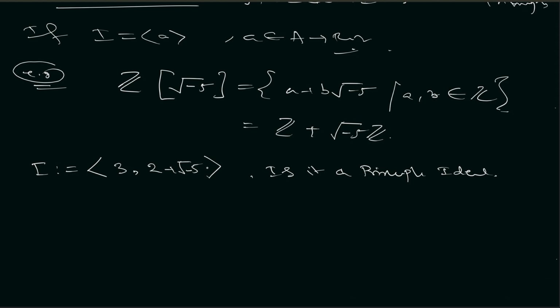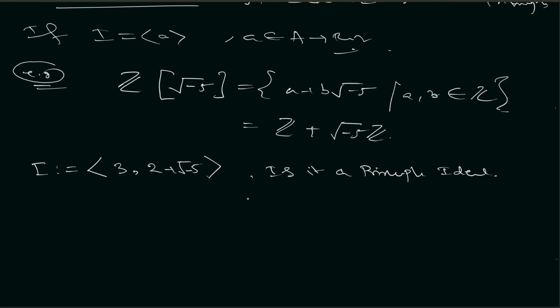You have to be very careful. There might be some element which can generate both of them, and that you have to verify. Is this a principal ideal? That's my question. Suppose this ideal is a principal ideal.